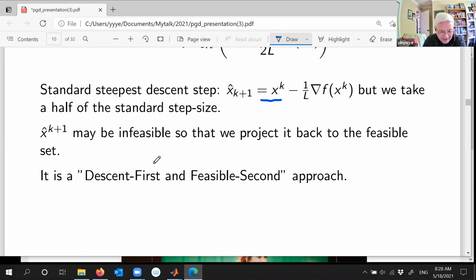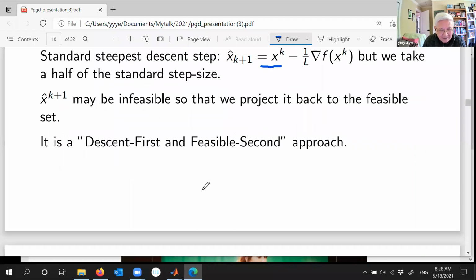We find the descent, then project back to become feasible. Then we go to descent and then project second. We do not aim to find a simultaneously descent and feasible direction, which is typically very hard for nonlinear, non-convex optimization.